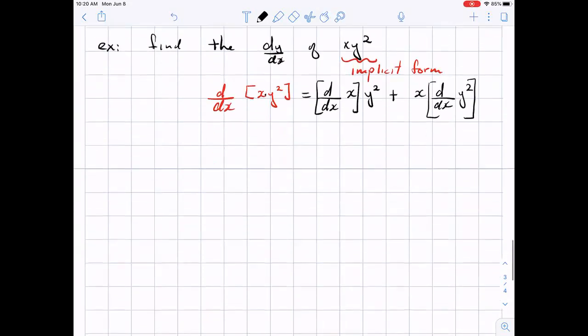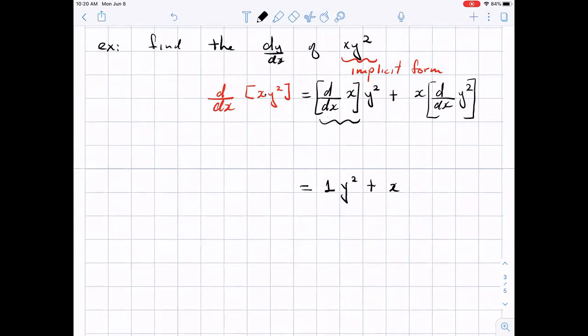So the derivative, since these variables are the same, this becomes 1, the y squared stays, plus the x stays now, and for the derivative of this here, you have to use the chain rule.